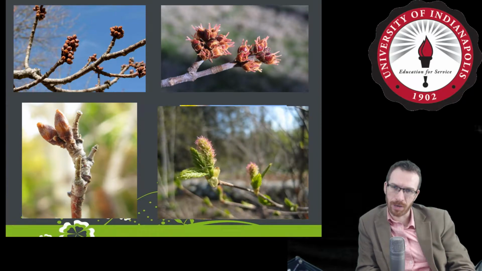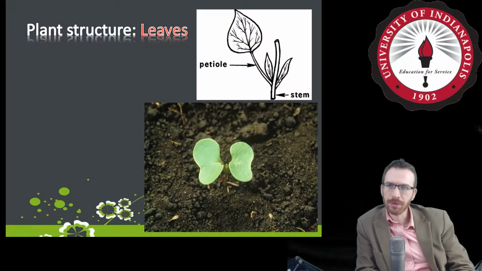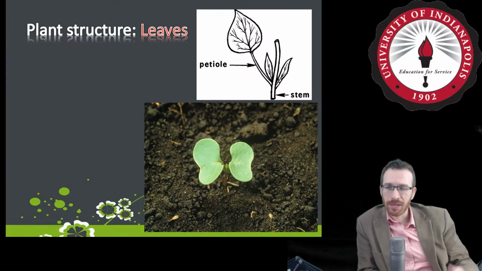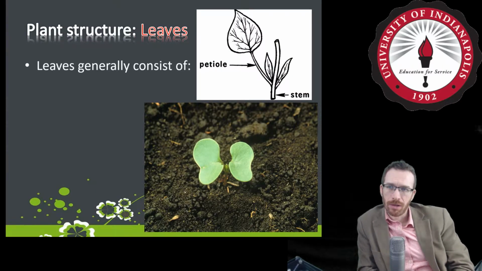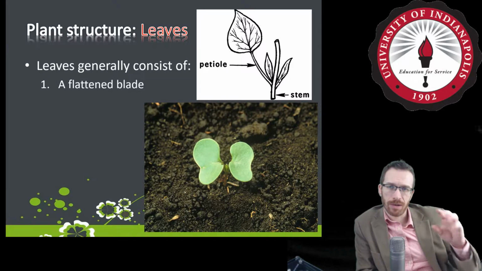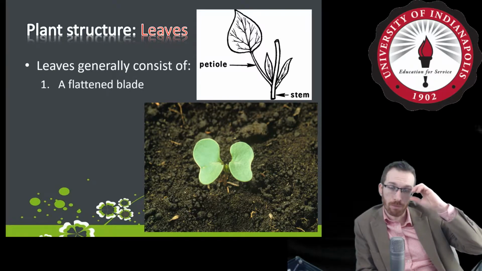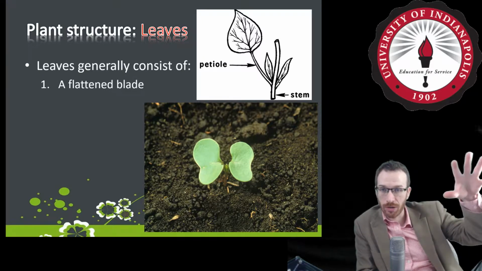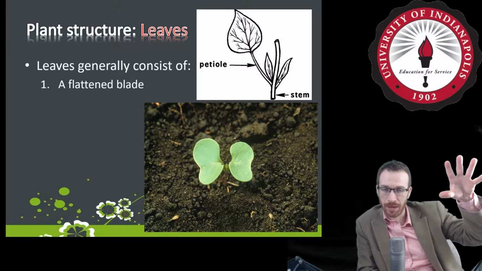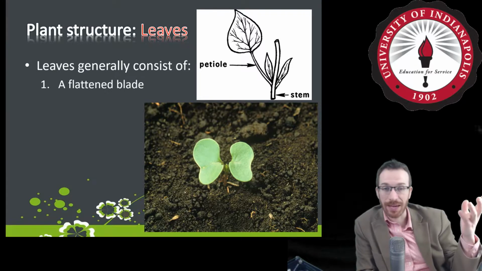Okay, another example of a flower there a little bit later in the season. So let's talk about leaves then a little bit. Leaves generally consist of a blade portion, which commonly has vascular tissue running throughout. And so we commonly call those veins.